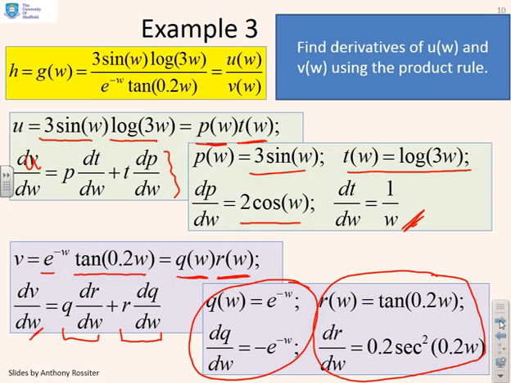So the key point here is I'm trying to keep things neat and tidy. I've defined the numerator, I've defined the product rule, and then I've defined all the terms I'm going to use in the product rule. I've then defined the denominator, defined the corresponding product rule, and defined all the terms I'm going to use in that product rule. So I'm keeping it neat and tidy so things don't get mixed up.